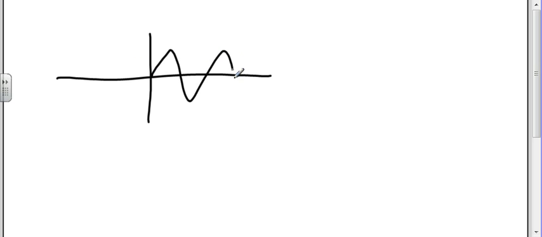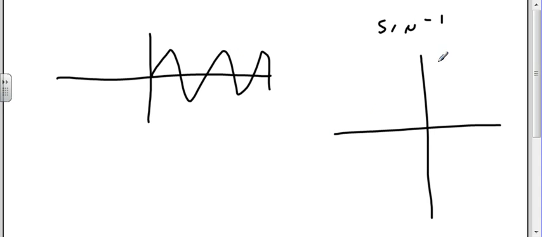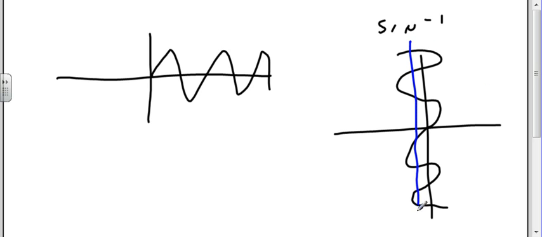So if the sine function does that, what does the inverse sine function do? Well, the inverse sine function will do this. But a function can only be a function if at any particular value of x, it only has one number. So I look at that graph and I say, wow, I'm in trouble.